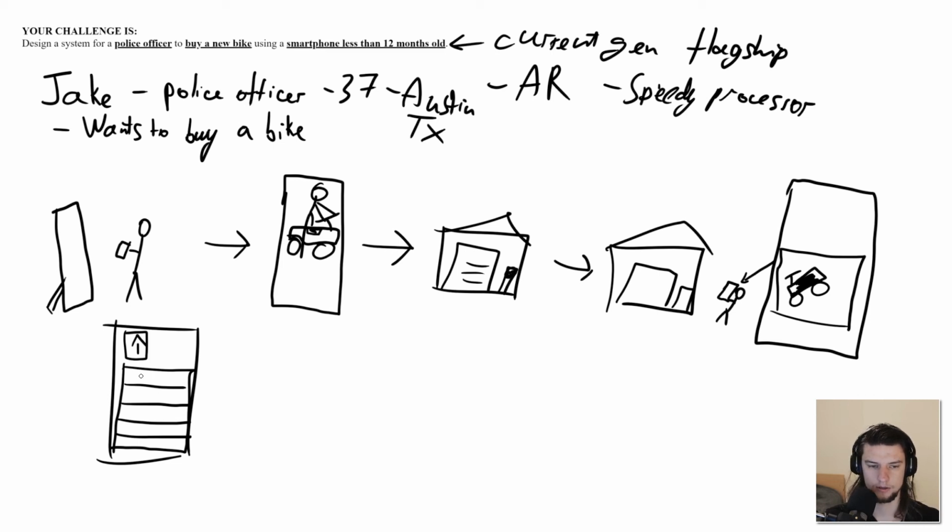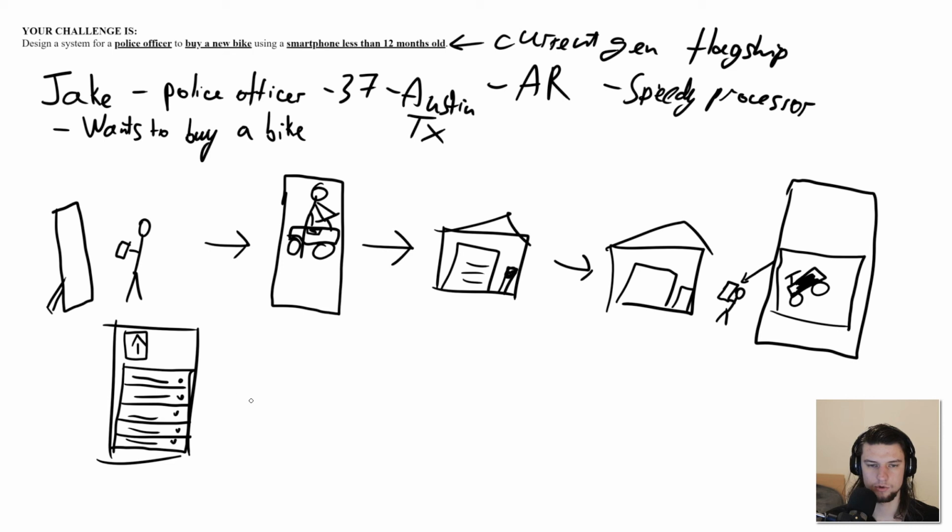So I think Jake could be happy seeing all sorts of bikes suggested to him, and then when Jake chooses the bike he likes, he goes through the process of checking how it fits with the garage, because I think, again, a bike is not only for riding, it's also a cool piece of almost jewelry. It's a thing where you want to look at it, maybe place it by your house and show it to everyone.